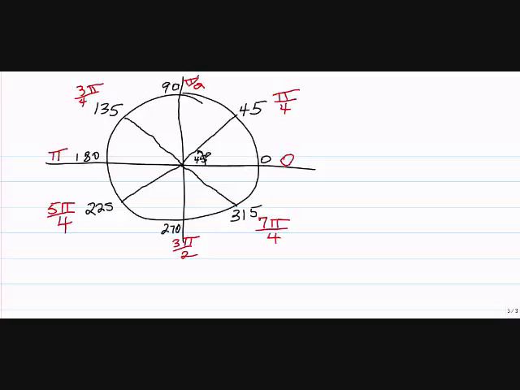Now, what is the cosine of 45 degrees? Remember to find the cosine, you make yourselves a little right triangle. And we find out the lengths of the sides. What are the lengths of the sides of this right triangle? Square root of 2 over 2.